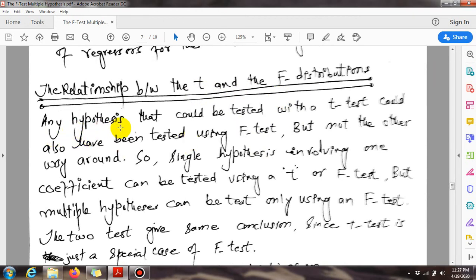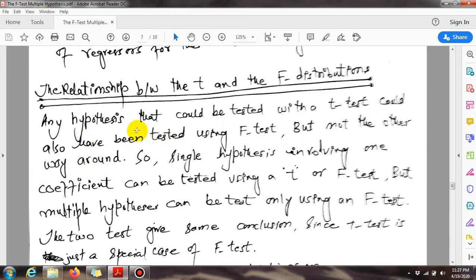So any hypothesis that could be tested with a T test could also have been tested by using an F test, but not the other way around. You can't use an F test where a T test must be used.